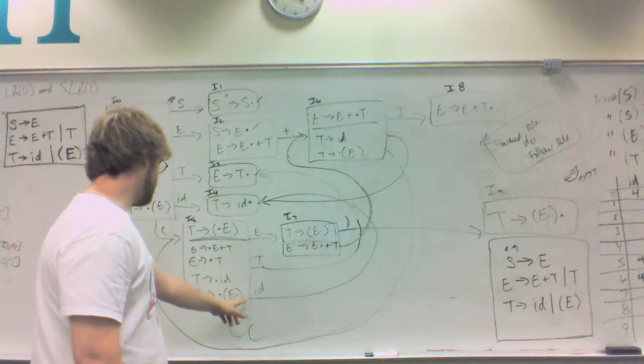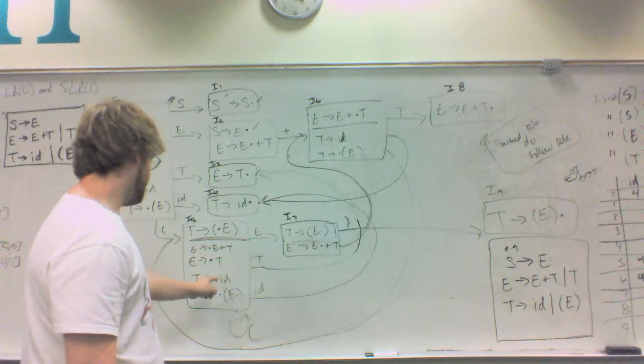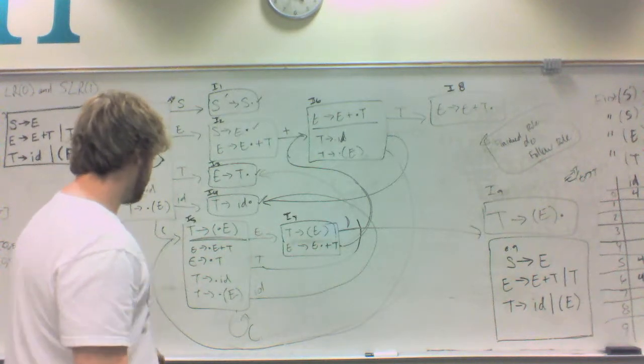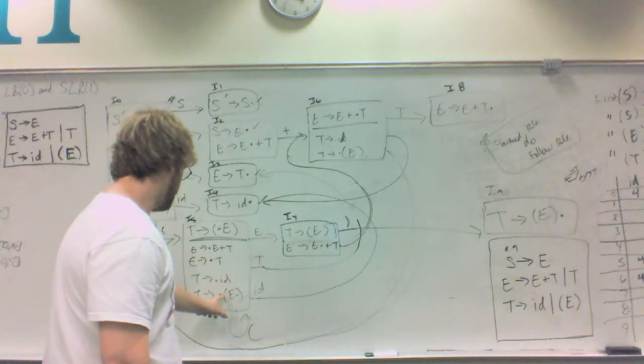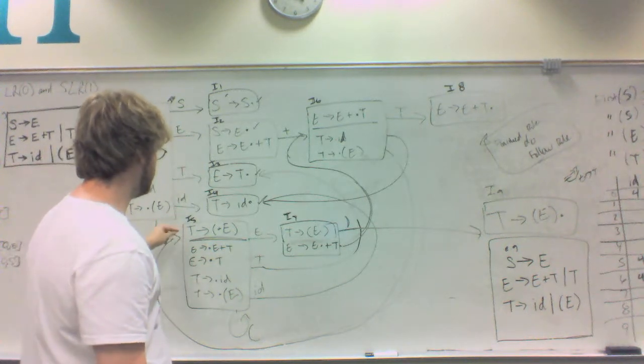And we can also see an ID, which will go to T goes to ID dot, which is our node I4. And then we can also see an open parenthesis, which will lead us back to the node I5 containing all of these same rules.